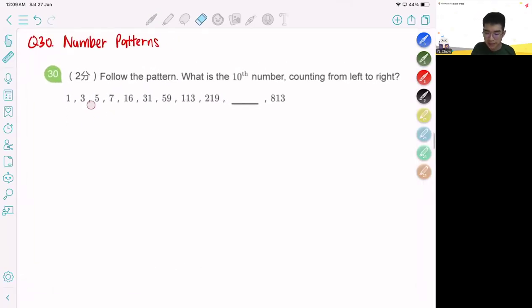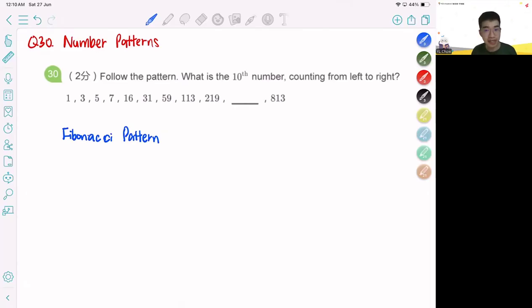But here, this is where I want to introduce a special type of pattern called a Fibonacci pattern. What is a Fibonacci pattern? A Fibonacci pattern is a pattern that is formed by taking some previous terms and summing them up to get the next term.